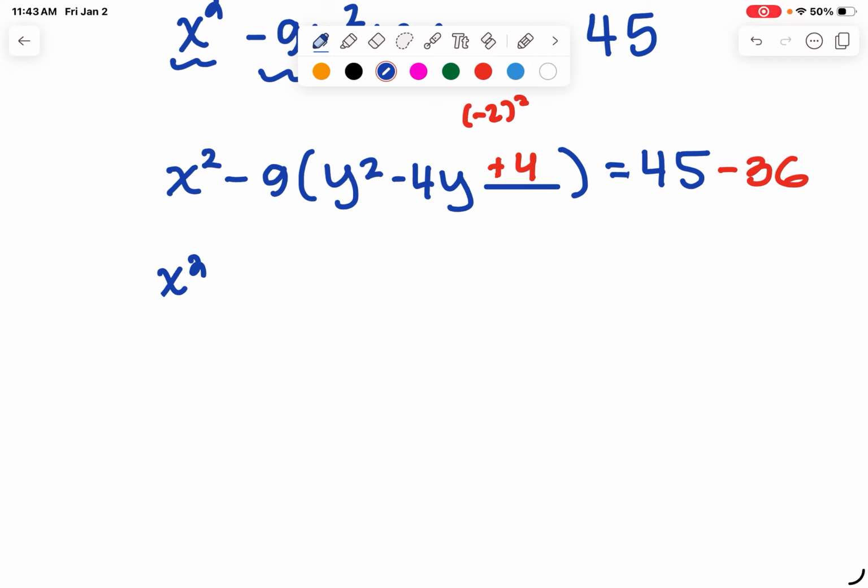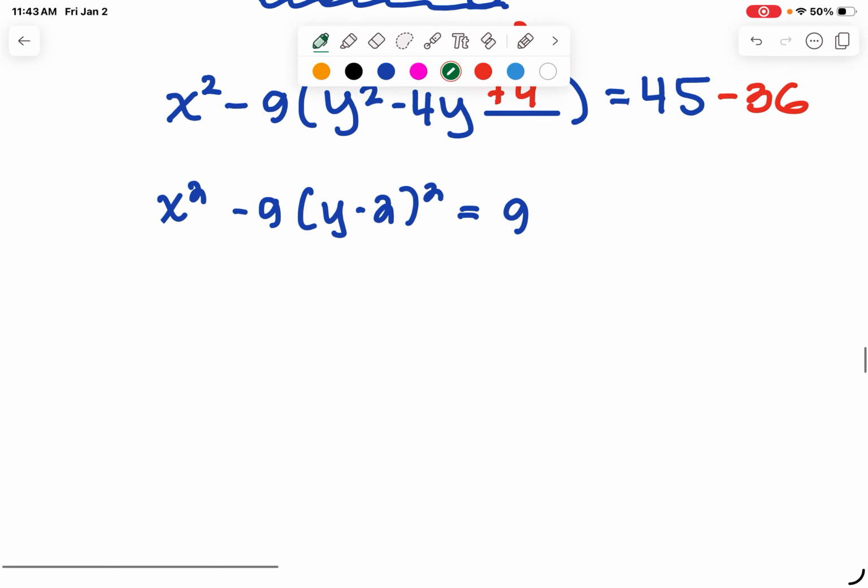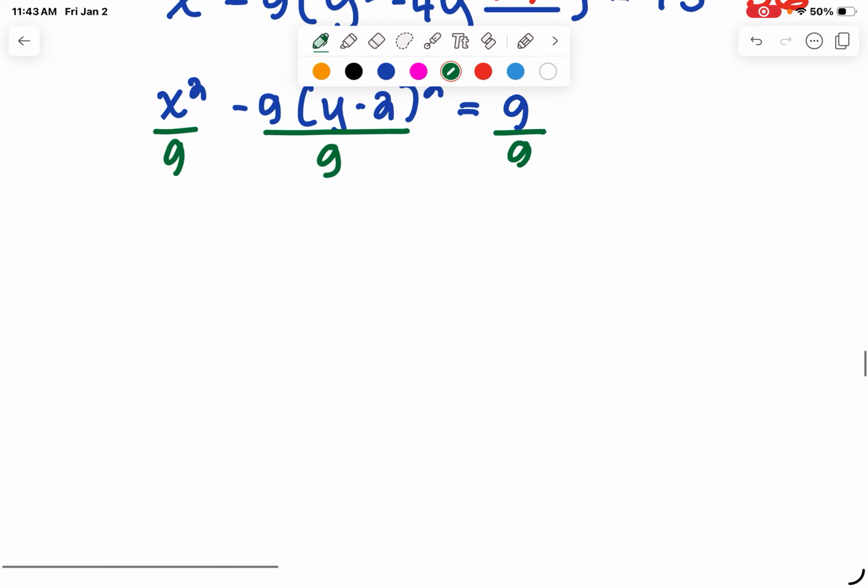So we have x squared minus 9 times, factor that, that's y minus 2 quantities squared equals, combine those, and you have 9. And then I need it equal to 1, so I'm going to divide everything by 9, and then simplify my fractions. So I have x squared over 9 minus, these 9's simplify to 1.